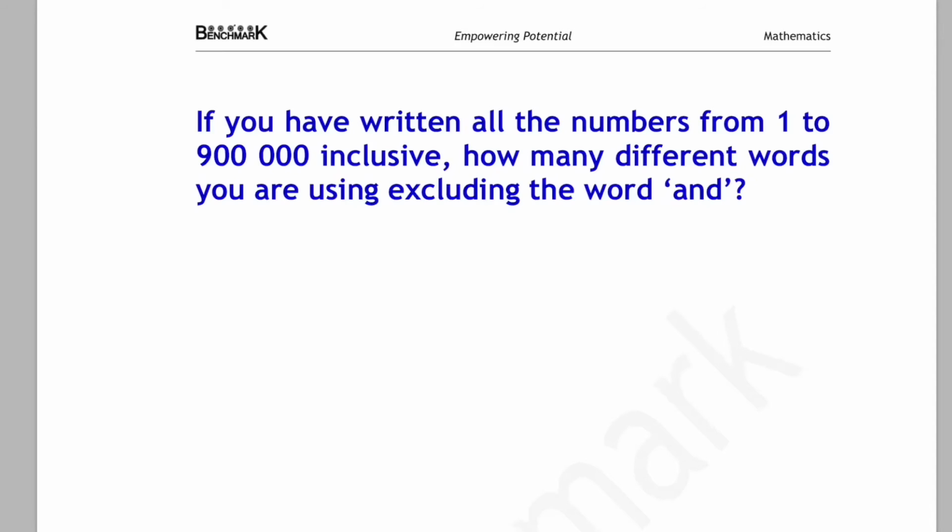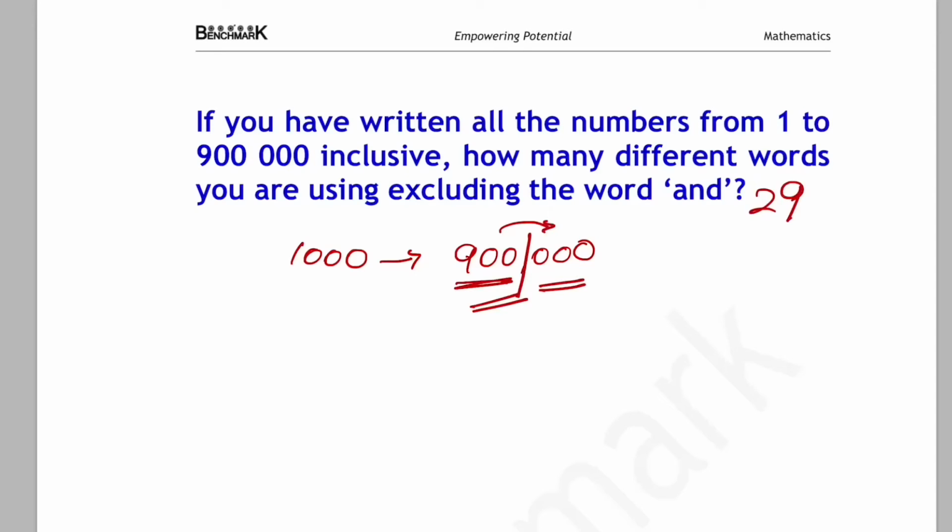So when you write the word 1000, you have 29 words. From the number 1000 to the number 900,000, we are not using any other new word. So it is 29 words.